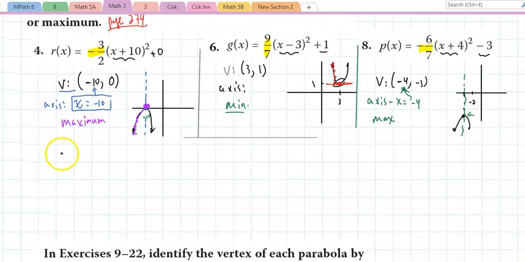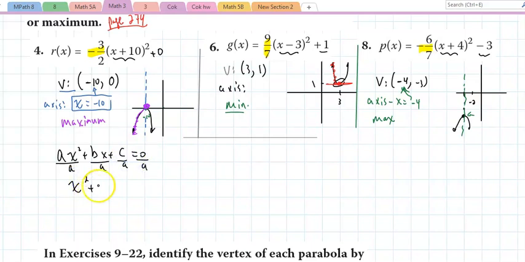Now, given ax squared plus bx plus c equals 0, if I wanted to figure out what the vertex is, I would have to complete the square, meaning I need that a to be a positive 1. I would divide by that a, and that would be x squared plus b over a x.